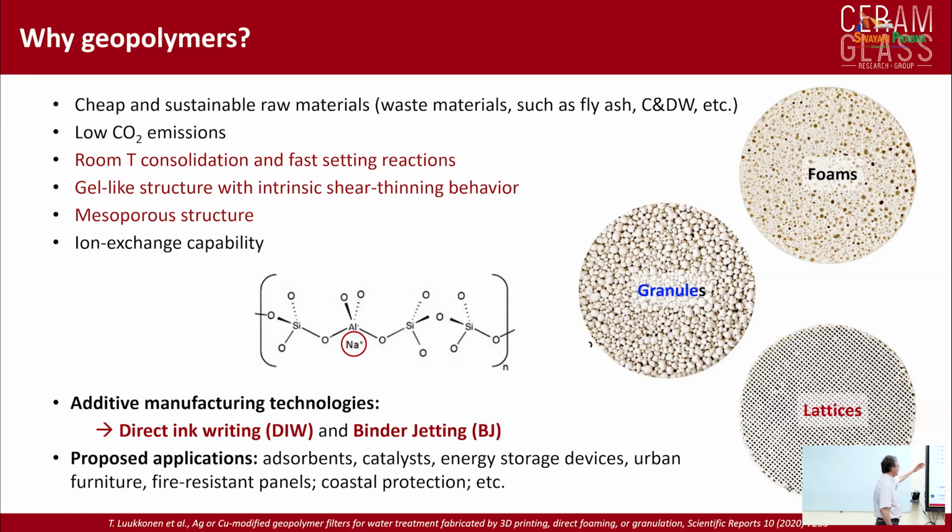And the mesoporous structure provides this interconnected permeable network, and the amount of mesoporosity is about 40 volume%. So in a solid block of geopolymer, you have 40 volume% of mesoporosity. And this is the structure of the geopolymer. You see the fourfold coordinated aluminum ion that is stabilized by the alkaline cation.